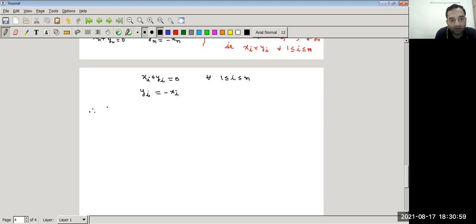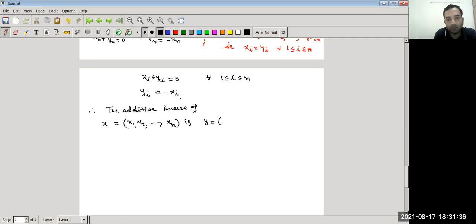Therefore, the additive inverse of x, where x is equal to (x1, x2, ..., xn), is y, which is equal to minus xi. Right?